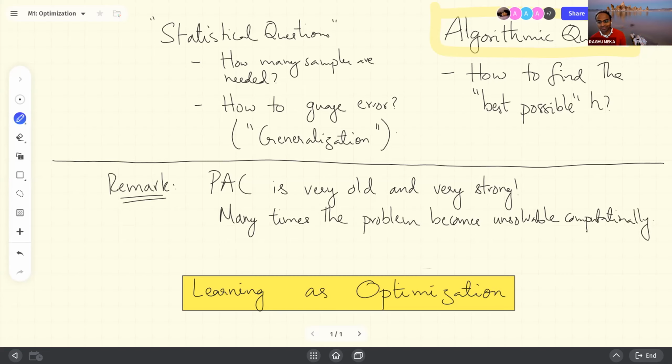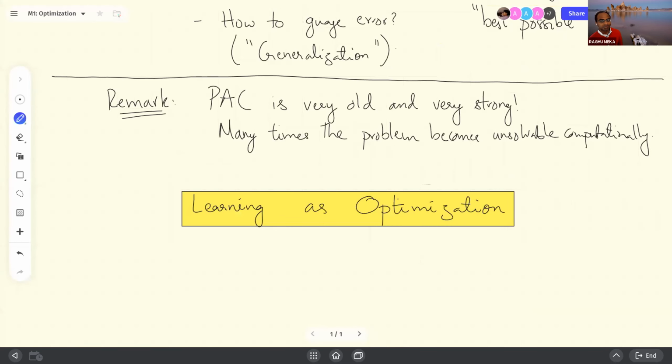You can show that there is no algorithm that will solve this problem in time which is 2 to the n. It's completely hopeless. Okay. The statistical questions are very well understood. We have very rigorous ways of going about these things, but the computational questions become unsolvable for many interesting, even simple hypothesis classes. Okay? And the ways to go around them, we'll address some of them later in the course.